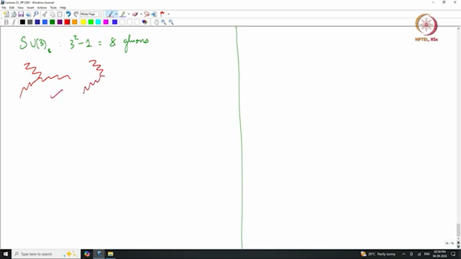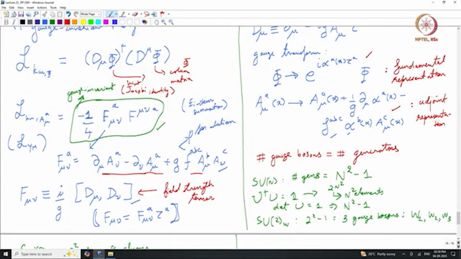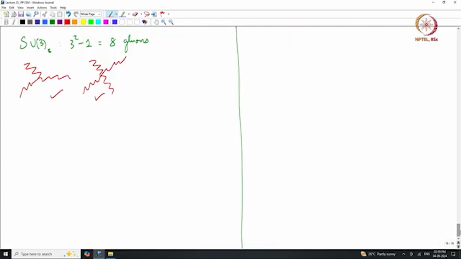I can also have a 4 boson vertex, correct. That is what we are seeing here: 2 of these from one field strength tensor and 2 of them from another field strength tensor. And similarly for gluons, I can have a 3 gluon vertex and a 4 gluon vertex.